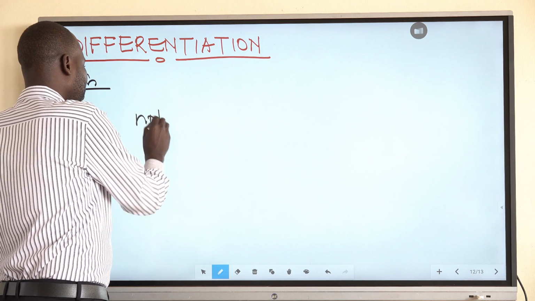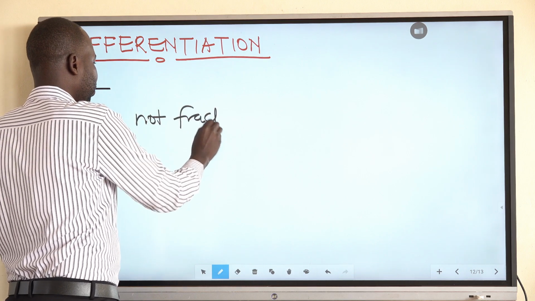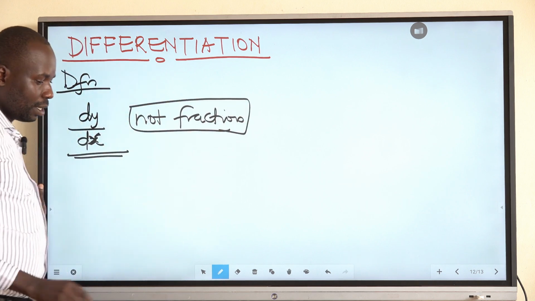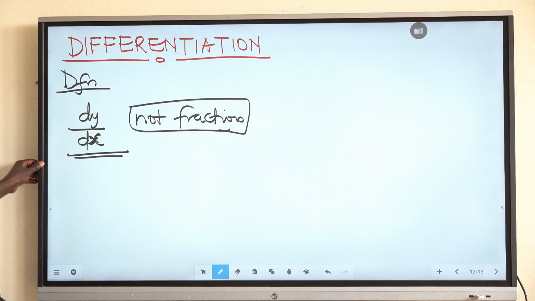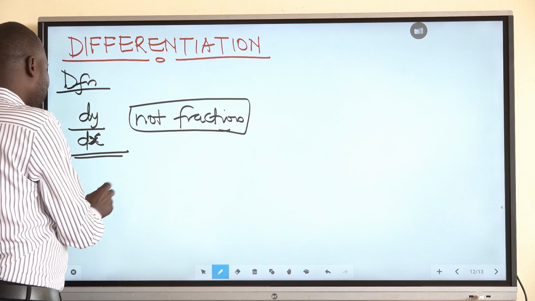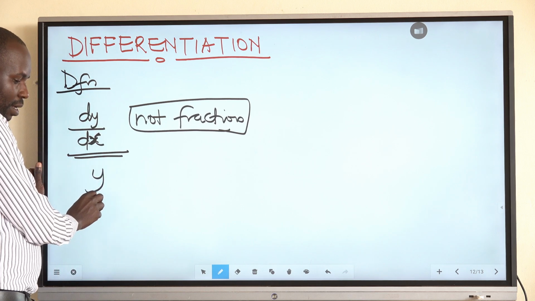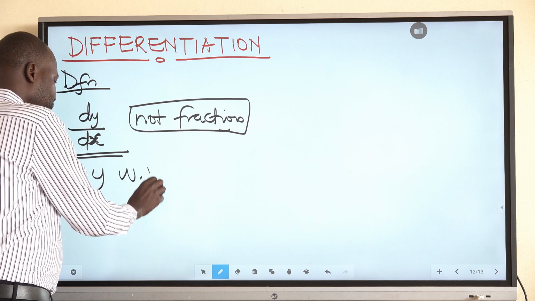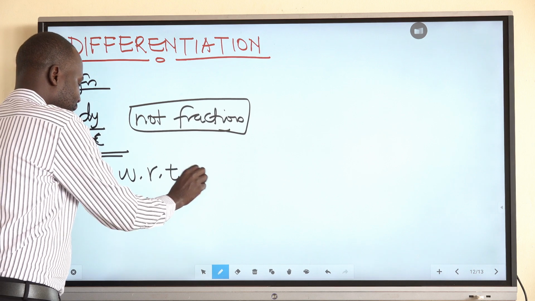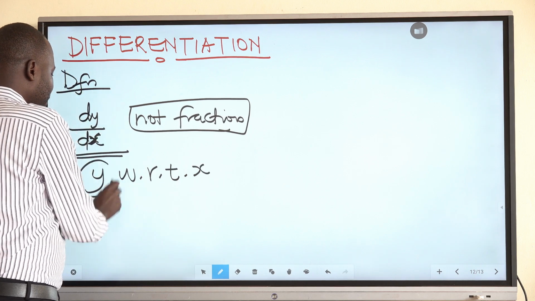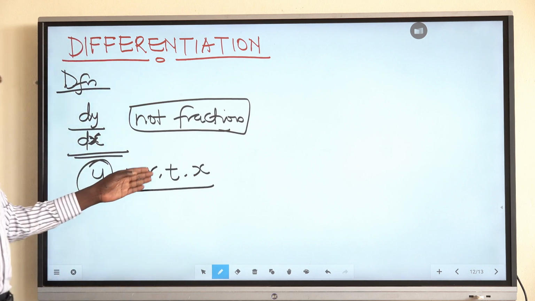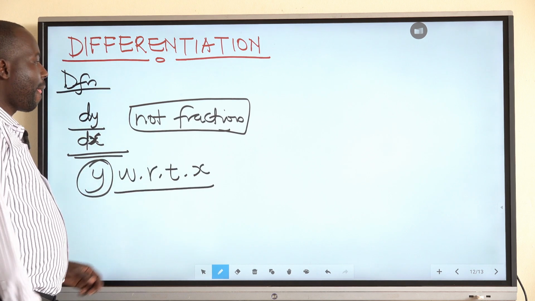This is a rate of change, not fraction. Dy dx means the rate of change of y with respect to x. Rate of change of y with respect to x, abbreviated as WRT x.